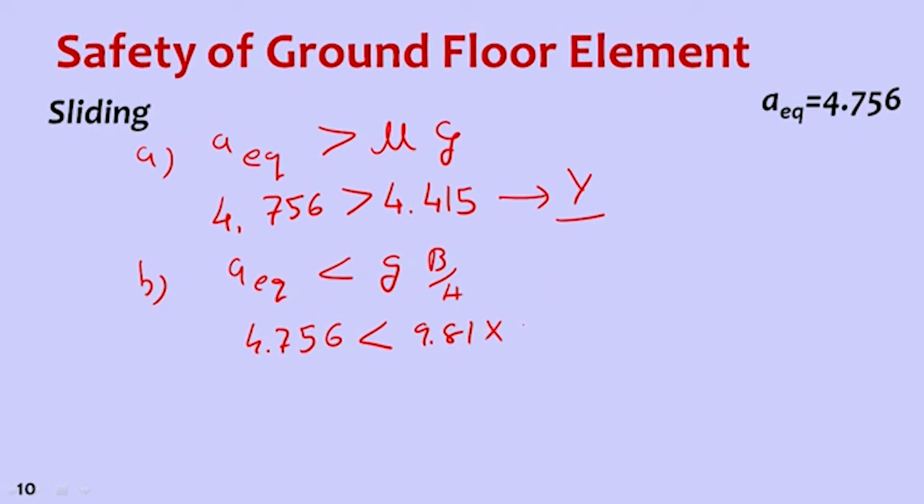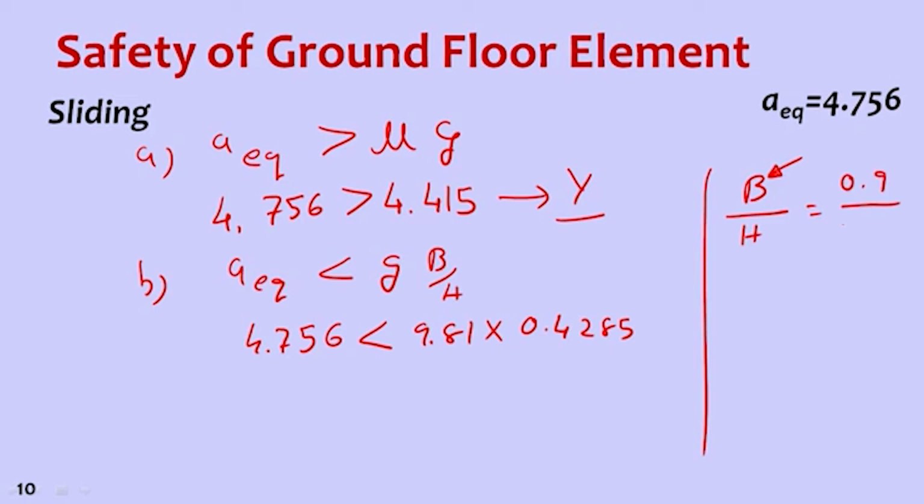B by H is nothing but 0.4285. Now here you just need to consider, though in the equation it is written as B by H, B is the side or the dimension along which our element is placed. So here B is 0.9 divided by 2.1, which gives us 0.4285.